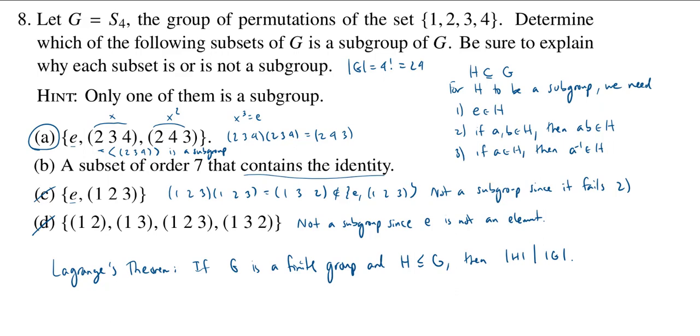If this subset was going to be a subgroup, it would have to have order that divides 24. But 7 does not divide 24. And so this set is not a subgroup, since 7 does not divide 24, and we'll cite Lagrange here. So we can rule out B. And there we go. A is really the only one of these subsets that is a subgroup.